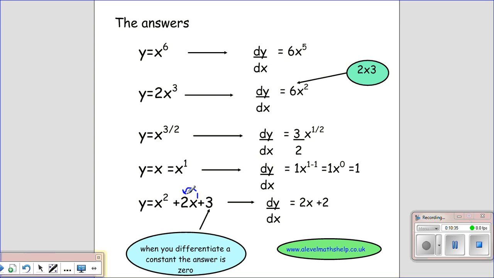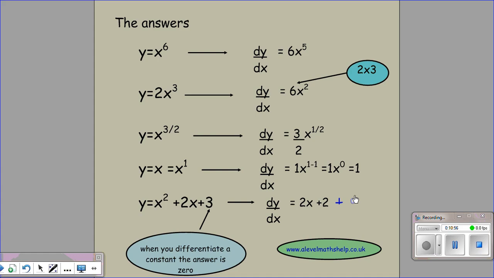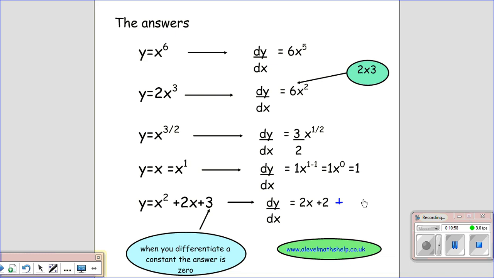So 2 times 1 will give us 2. We take away 1 from the power. So 1 take away 1 is 0. And anything to the power of 0 is 1. So that leaves us with 2. And then the last one, when we differentiate a constant, if you remember, you get 0, because the constant is just a flat line.